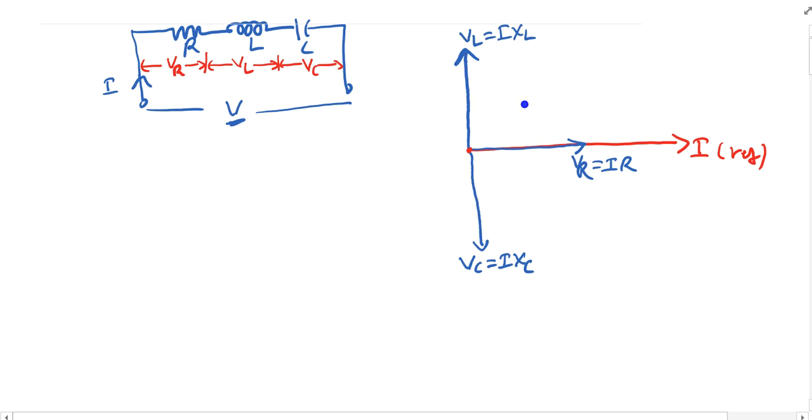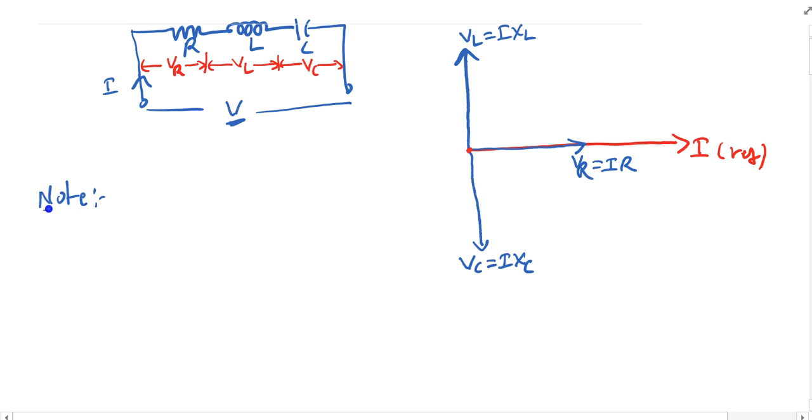If you add these three vectors, the resultant vector is going to be our supply voltage vector. But if you observe in this diagram, your VL vector and VC vector are opposite to each other, or you can say 180 degrees out of phase with each other. So you can take note of this.